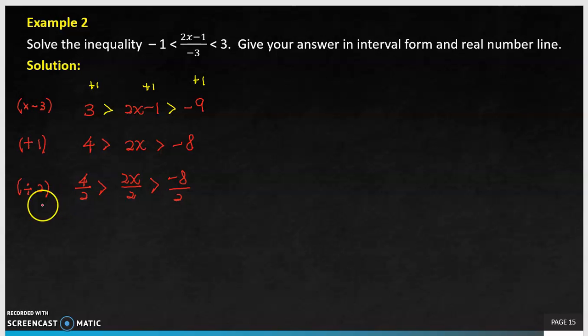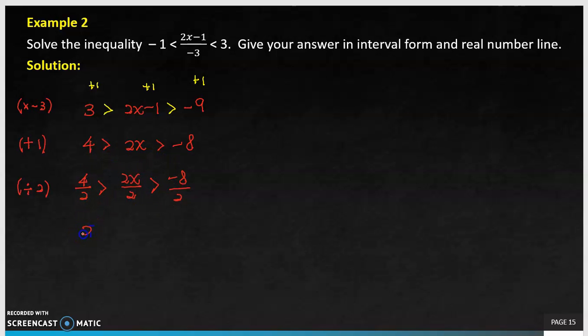Because we are dividing by a positive value. Only when we multiply or divide by a negative value will the inequality signs change. Now we divide by +2, so the inequality sign remains the same.